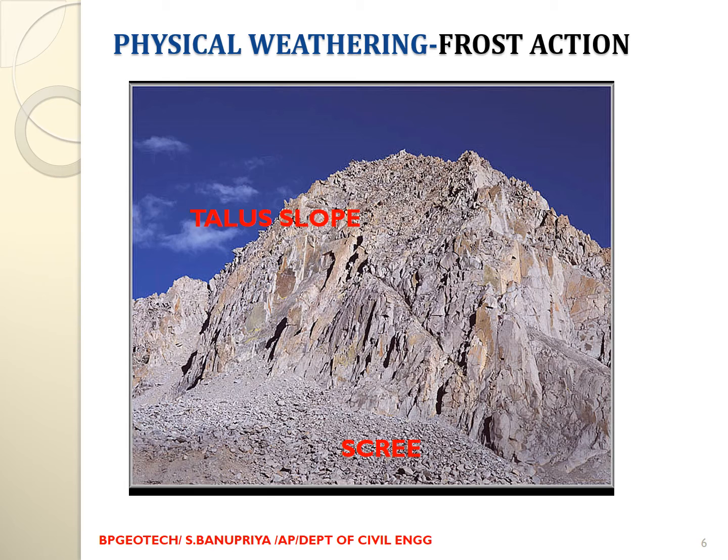The smaller particles formed due to frost action that remain on the slope of the weathered rock are known as talus slope. If, after weathering due to frost action, the smaller particles roll down the slope and settle near the bottom of the rock, those particles are known as scree.